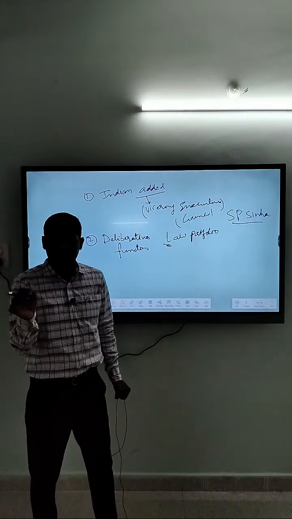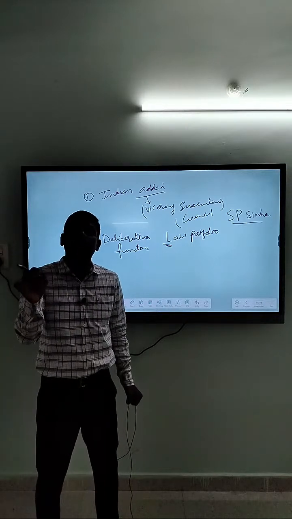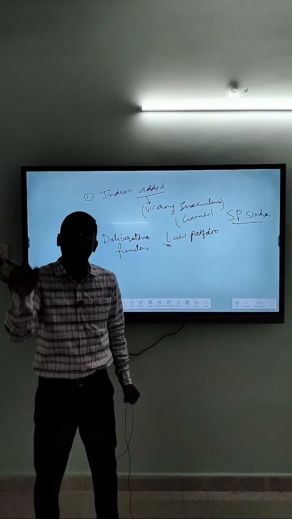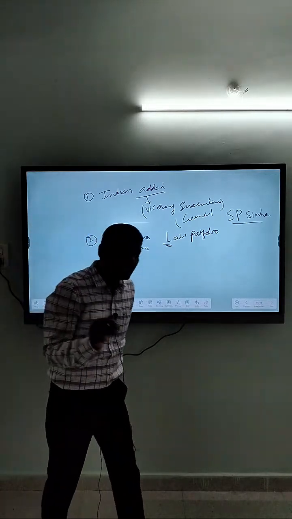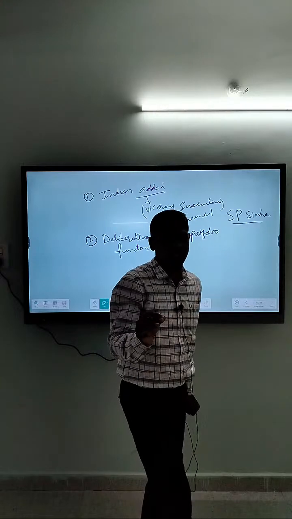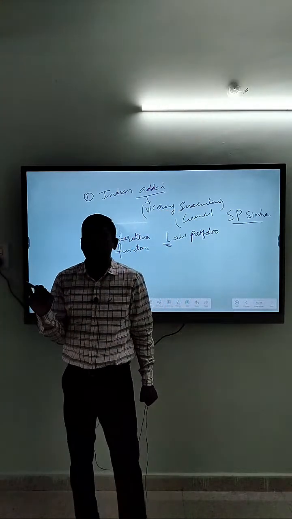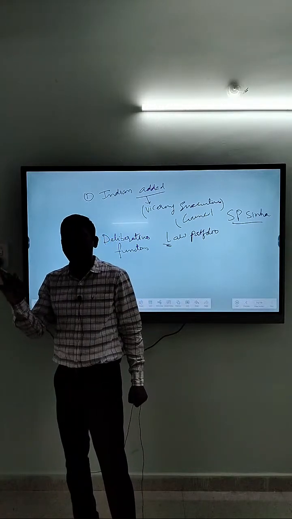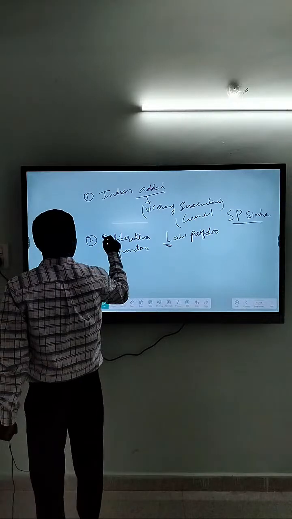And the highlight of these deliberative functions is that the members were also given the power to discuss and debate the budget made by the Viceroy. That means without a discussion, without a debate, no budget can be passed, right? Budgets are passed only after debate and discussions.